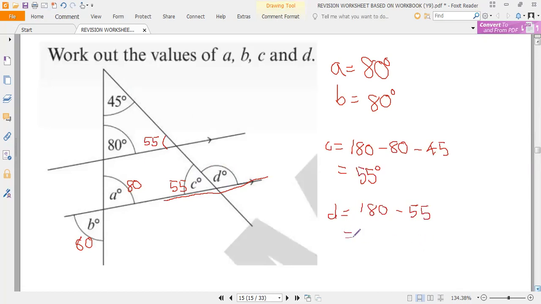So the final answer is 125 for D. You can manage with the knowledge that you got in year 7 and year 8 for this: F shape, C shape, and also Z shape.